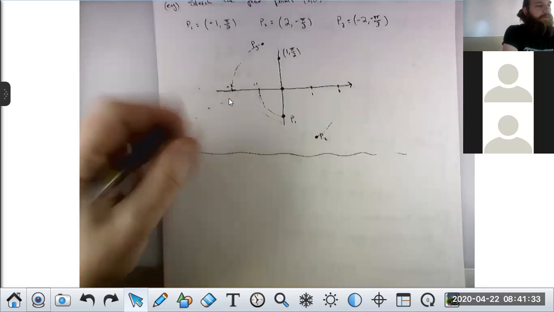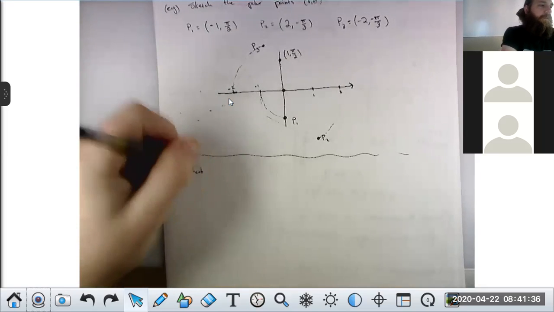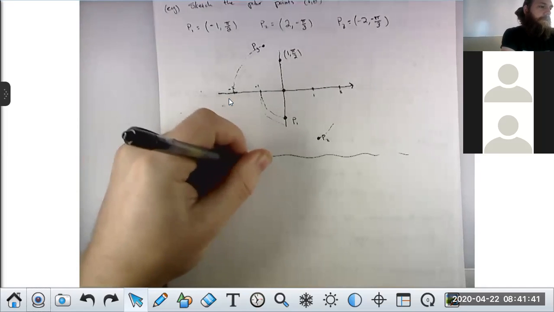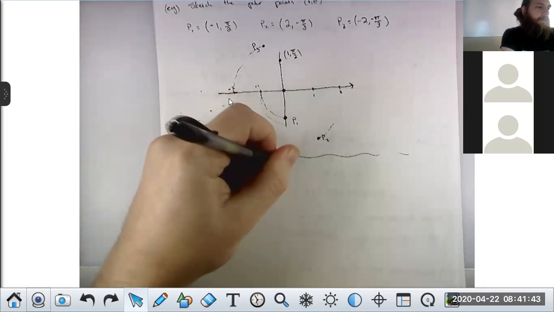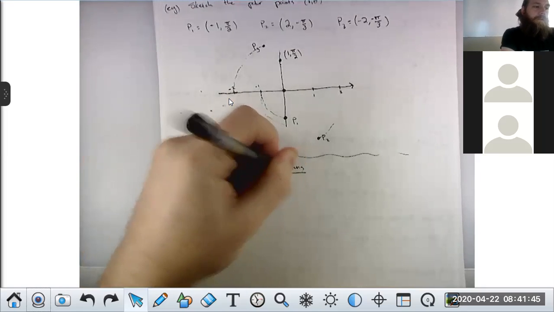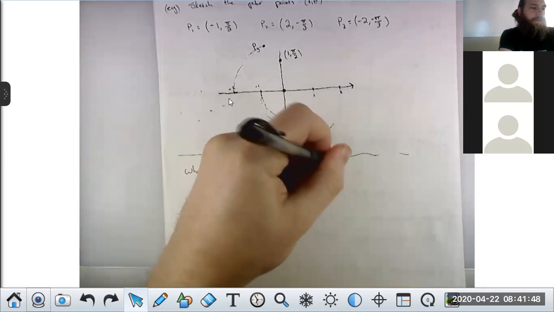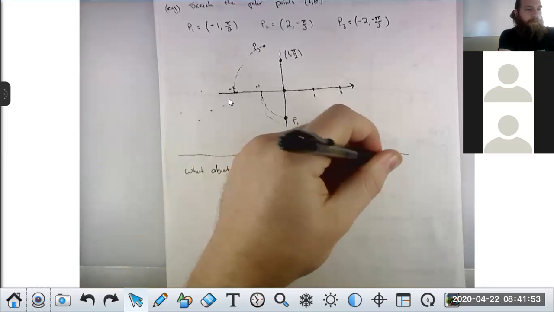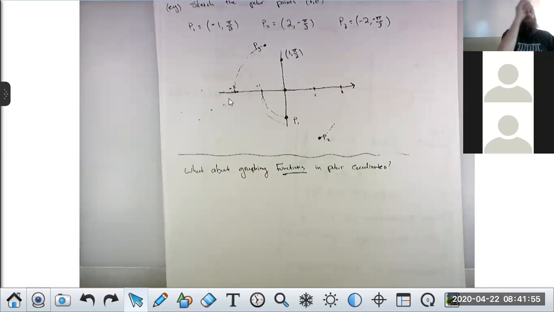So the real fun begins when we start asking, what about graphing functions in polar coordinates? And I want to look at a couple of basic functions first, like constant functions. And then we will extend that to thinking about more and more functions.